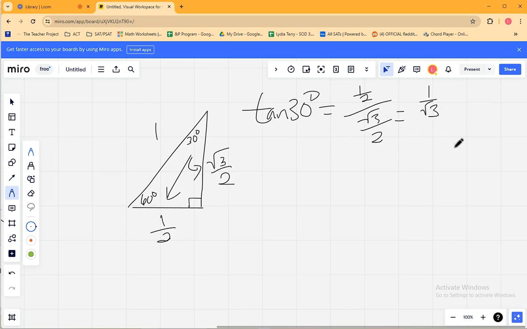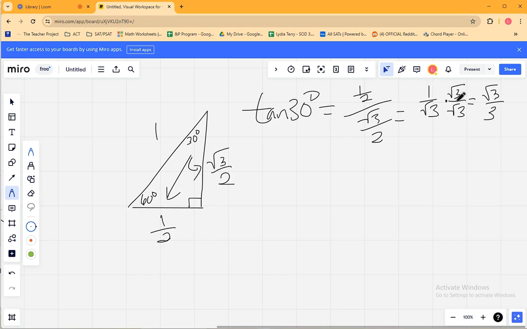Typically, the tangent of 30 degrees is not expressed as 1 over the square root of 3, which is also the square root of 1/3. It's usually expressed differently because they expect you to rationalize your denominator. Okay, so to rationalize your denominator, you're going to multiply this by the square root of 3 over the square root of 3, which is just 1, and this becomes the square root of 3 over 3.